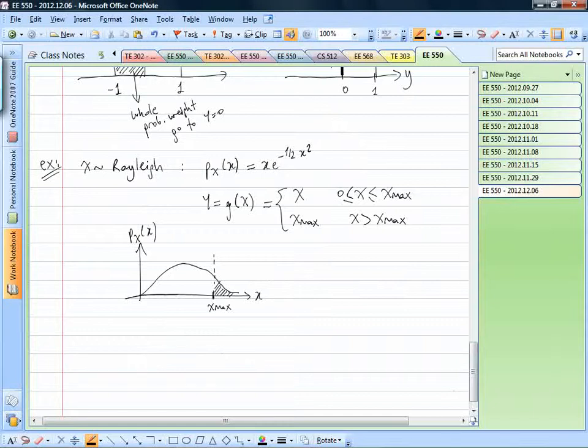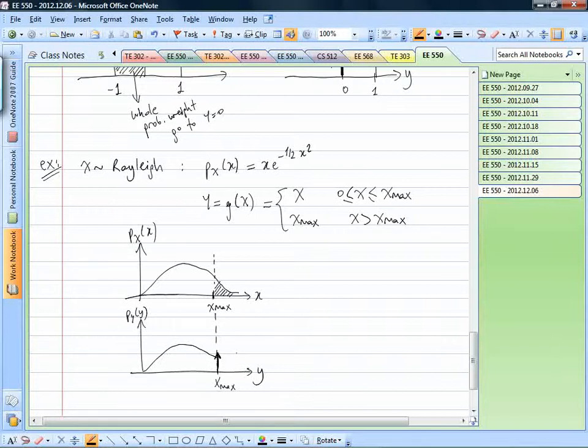So if I plot p sub y of y, you get a distribution like this, and at exactly x max you get a delta function. What is the value of this delta function?